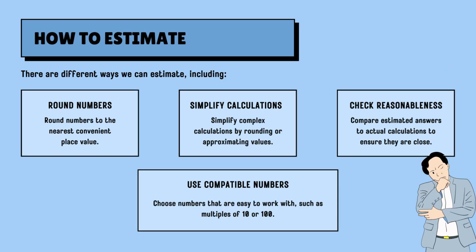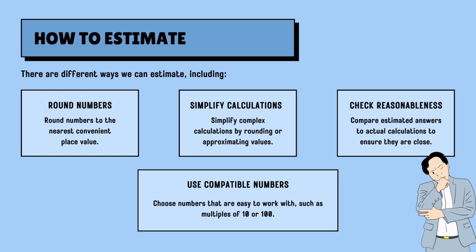How to estimate? There are different ways we can estimate, including rounding numbers, simplifying calculations, and checking reasonableness. By rounding numbers, you round to the nearest convenient place value, like tens or hundreds.